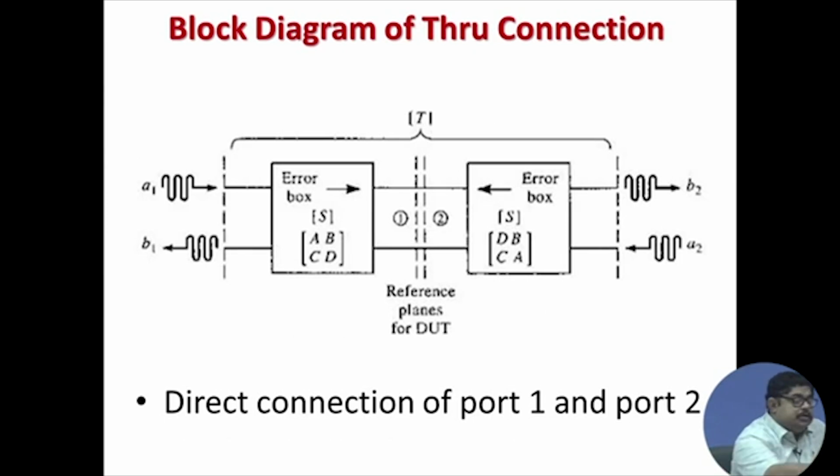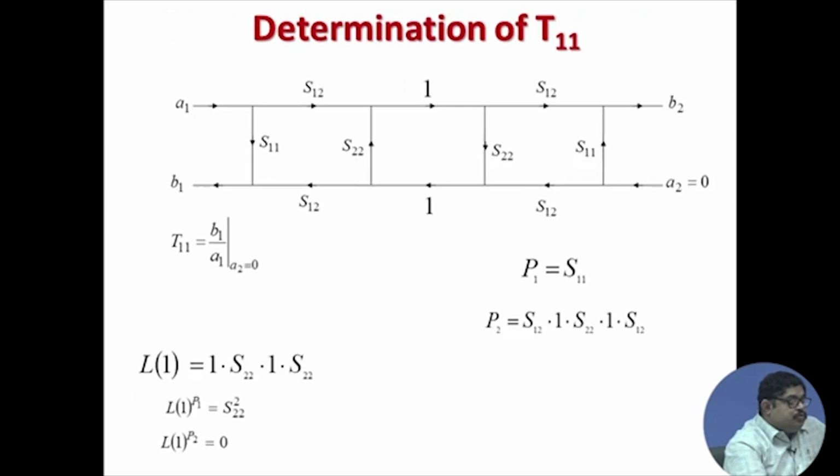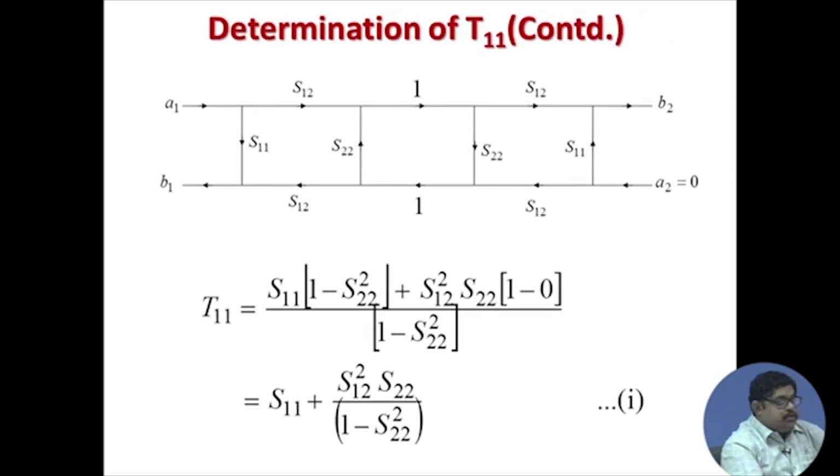It is measuring because these are its internal planes. So, from that measurement it will find T11 in terms of S11, S12, S22.